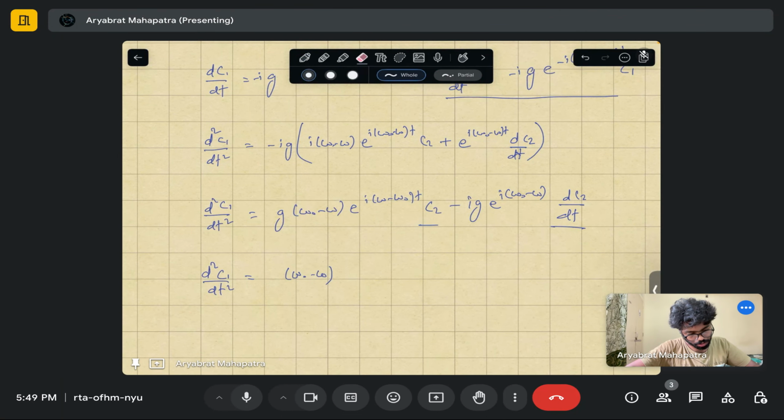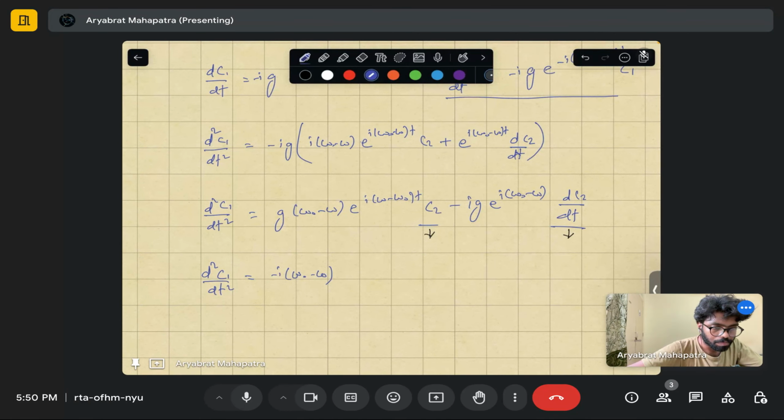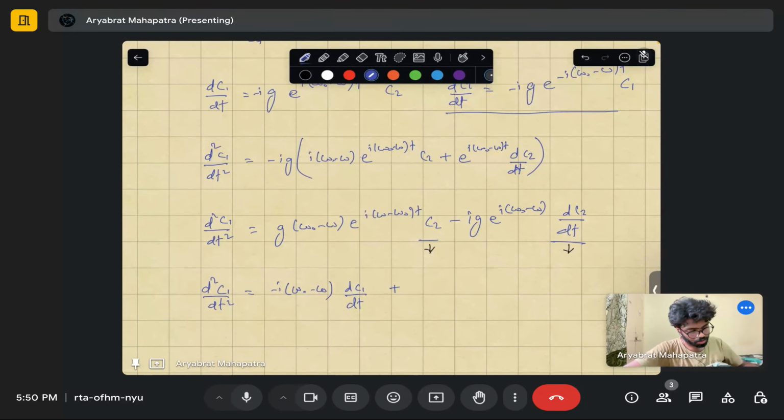So I substitute C2 and dc2 by dt, and from there you will get dc1 dt plus Z times this.